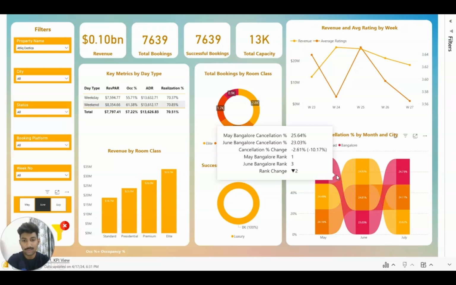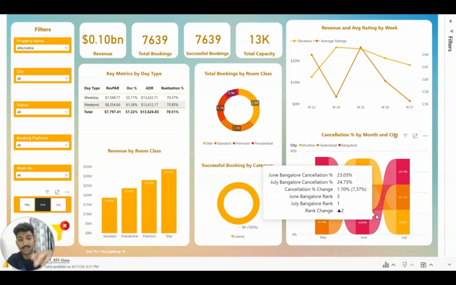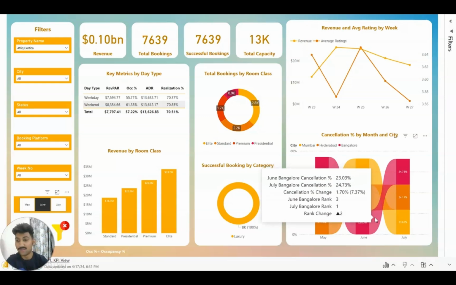So the May rank was 1 and the June rank was 3. It jumped from rank 1 to the last rank, which is a good thing because the cancellation percentage should be less. You should not get a very high cancellation percentage. That means that you are getting more cancelled bookings than successful bookings. So the rank change was 2. Then it increased again, so in July it went to the highest for the same city, Bangalore.